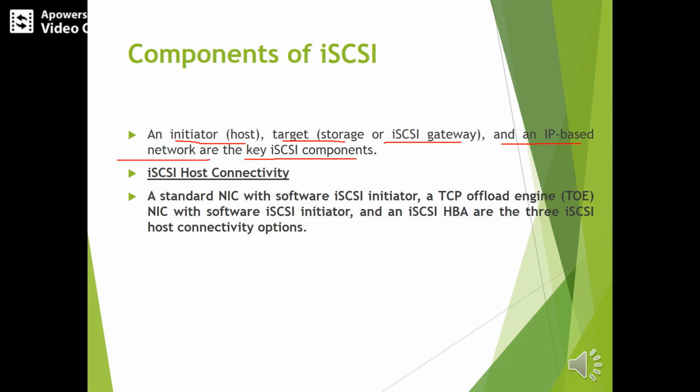Next we'll take iSCSI host connectivity. Here we can make use of a standard NIC, network interface card, with a software iSCSI initiator, a TCP offload engine, that is TOE, NIC, and an iSCSI HBA. These are the three iSCSI host connectivity options.